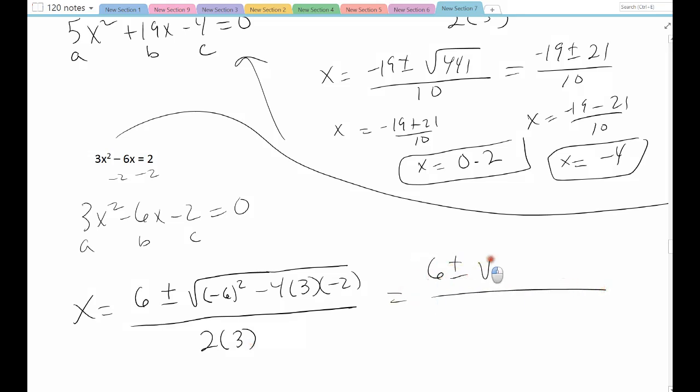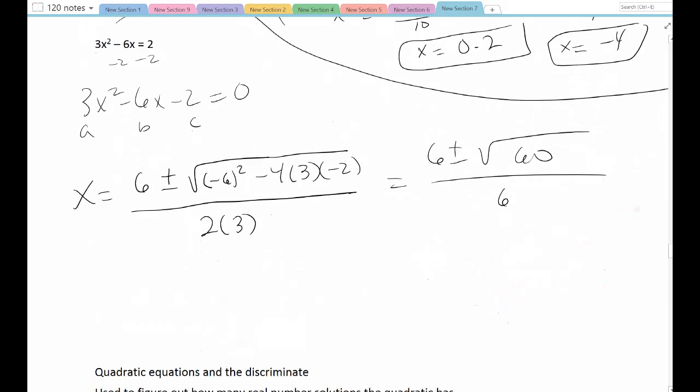So 6 plus or minus, the root simplifies to the square root of 60, over 6. Don't cancel those 6's, they don't cancel yet. There will be a reduction. The square root of 60 can be rewritten with the perfect square that you can pull out of it, which would be 4. 4 times 15 is 60.